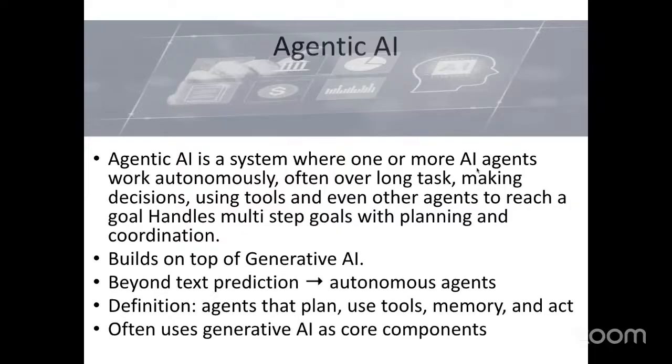So this is a system where one or more agents will work together with one goal. What is the goal? The goal is to act as a travel agent, and inside that travel agent there will be multiple agents. Each single agent will have its own goal and will work on its own goal.